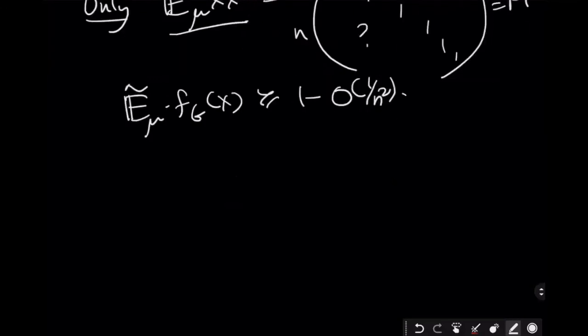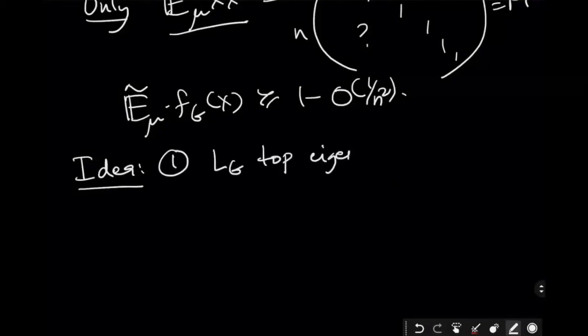So now I can describe the idea to you. We already said that there is no single vector with Boolean coordinates in the largest eigenspace of L sub G. Let me be more careful. The first observation is that L sub G's top eigenvalue, the largest eigenvalue of L sub G, in fact does equal 1 minus O of 1 over n square.